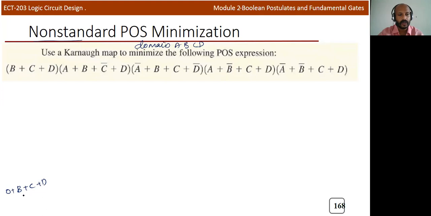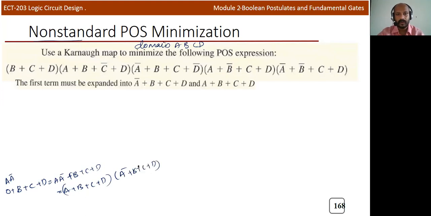So we'll add 0, and instead of 0, you can put A bar. Now the expression will be A bar plus B C D. By applying the distributive law, you can write (A plus B plus C plus D) into (A bar plus B plus C plus D).